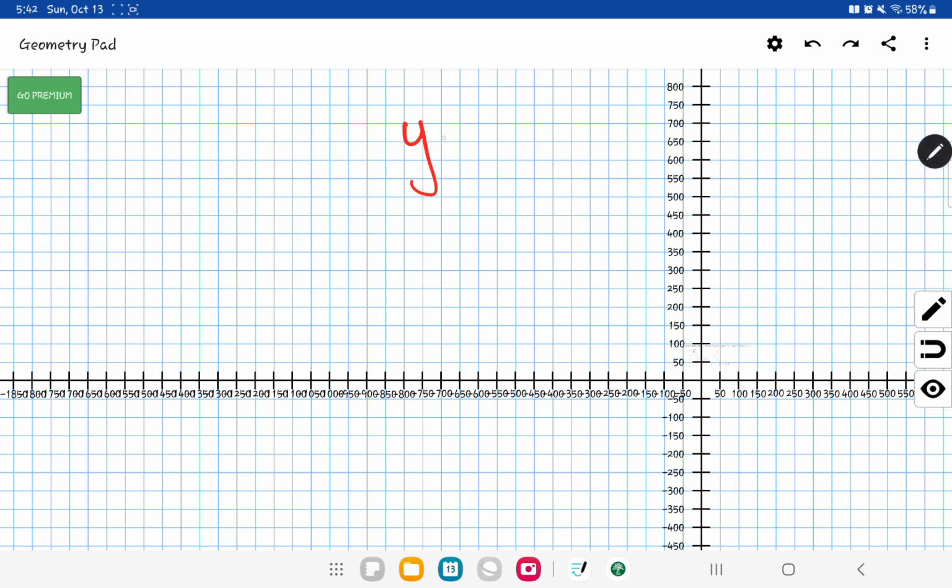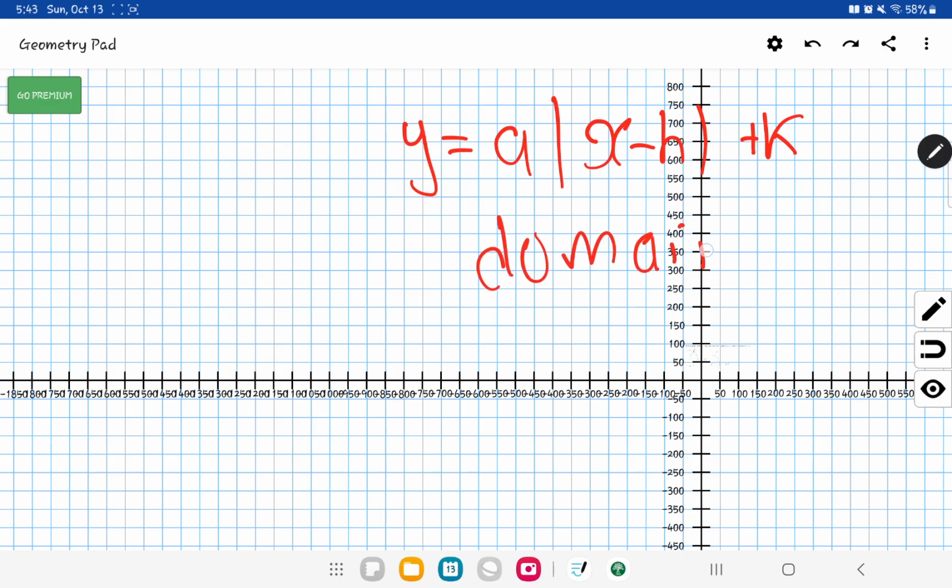So let's say again we have y = a|x - h| + k. This is the basic changes to the absolute value function. The domain for this function is all real numbers. There's no exception, because if you try to find the domain, it's going to be all real numbers. Now, the range depends on a and k.